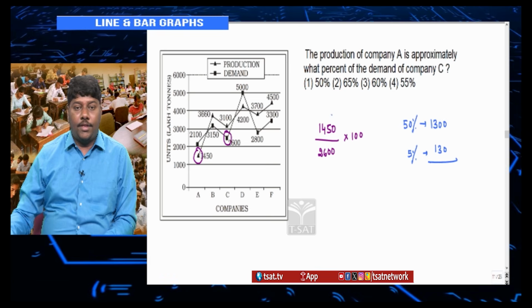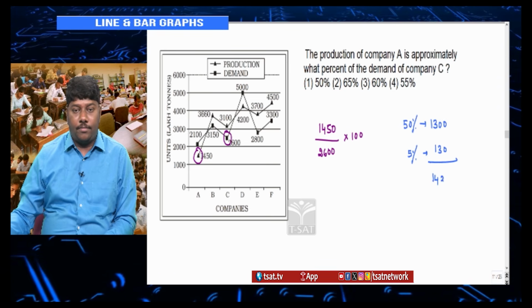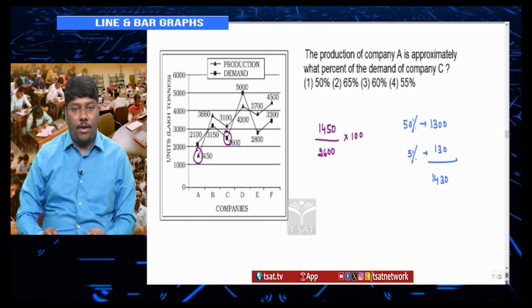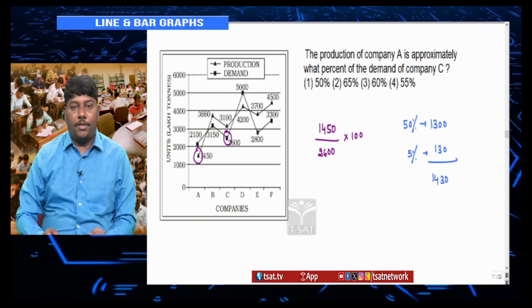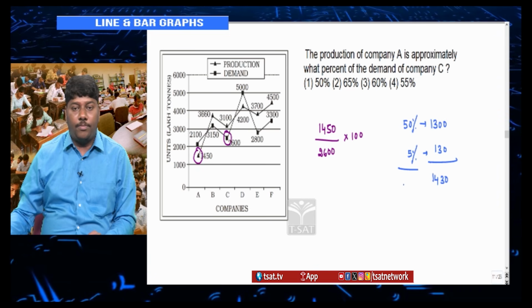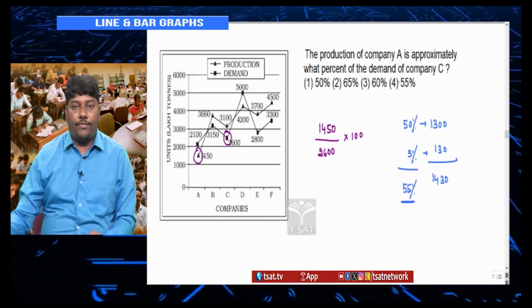My aim is to reach 1450, therefore I am getting only 1430. This 1450 is a little bit more than 1430, but in the options we don't have anything a little more than this, 55%. Therefore, I would consider my option as 55% because it is very close to 55%.